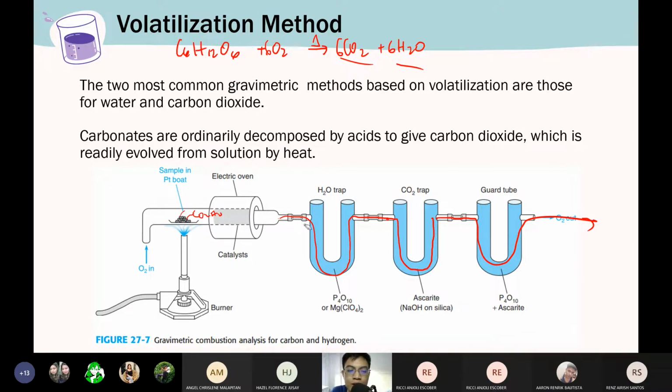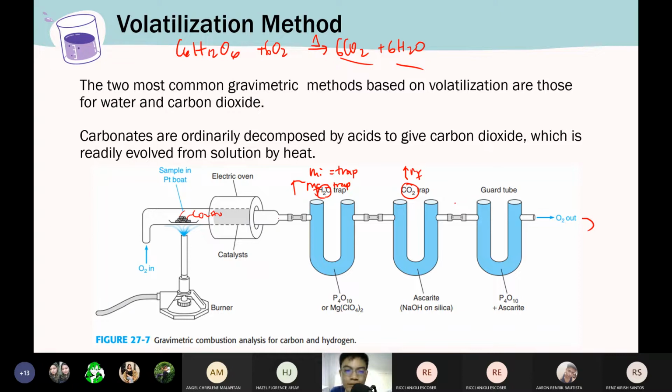And then, ano ginagawa nila? Ang ginagawa is this, no? So, they get the initial mass of the trap. Okay? And then, the final mass of the trap is also determined, no? Usually, the final mass of the trap increases, and that increase in mass corresponds to the amount of water trapped in this portion. So, ganun din dito. Ang mass final ay tumataas, and that change in mass corresponds to the mass of carbon dioxide that is trapped by the apparatus.